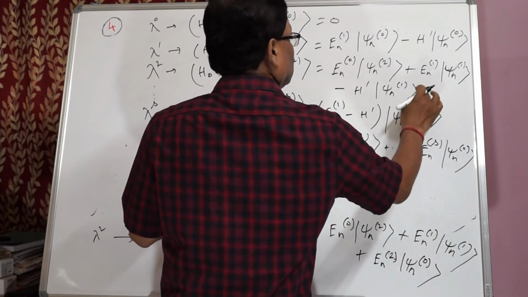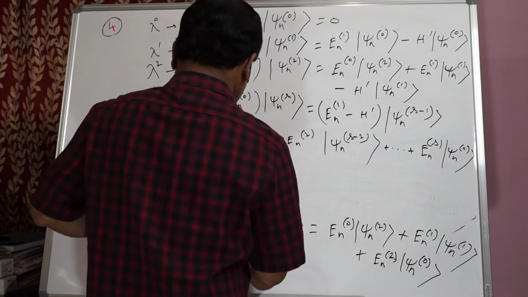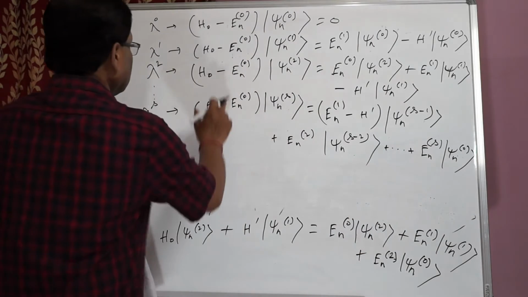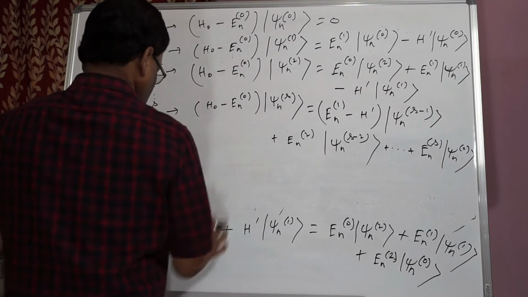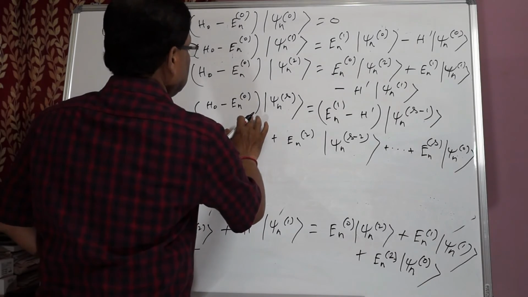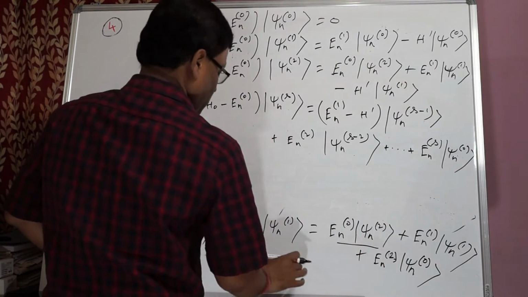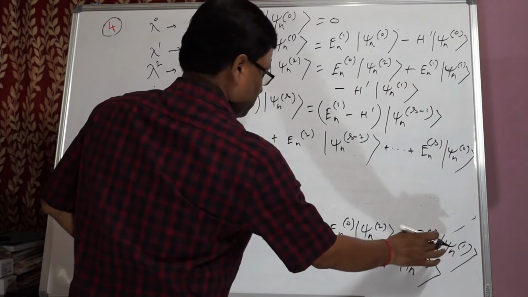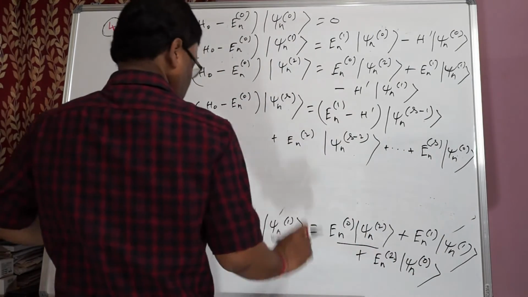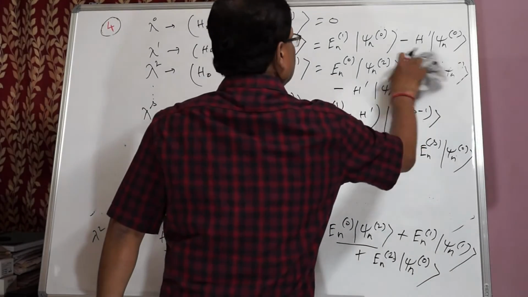So I think something like this from the lambda square equation: H0 psi n2 and En0 psi n2, this is okay. Then, sorry, I think it will be better if I write this equation.